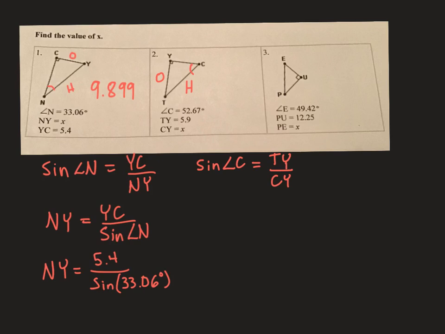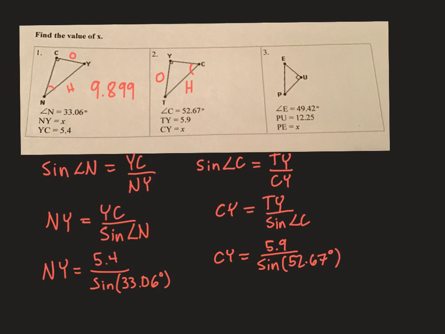Once again, when I rearrange to solve for cy, I get cy is equal to ty over sine of the angle C. So cy is equal to 5.9 divided by sine of 52.67 degrees.